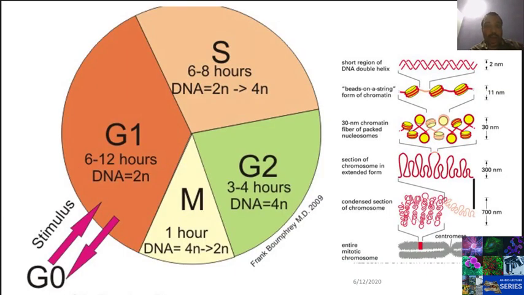So, after the S phase, the DNA is replicated. Then the daughter double-stranded DNA and the parental double-stranded DNA become attached at the centromere region. But remember one thing, they are not at all compacted.